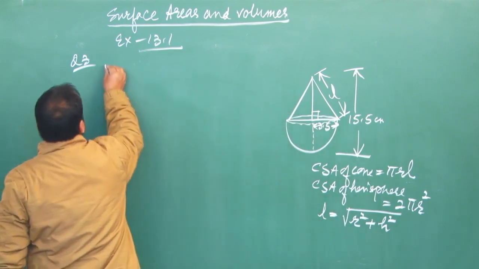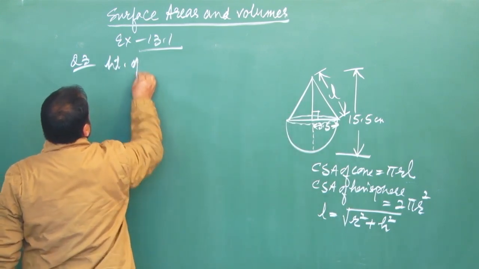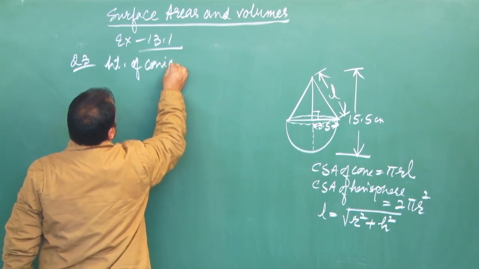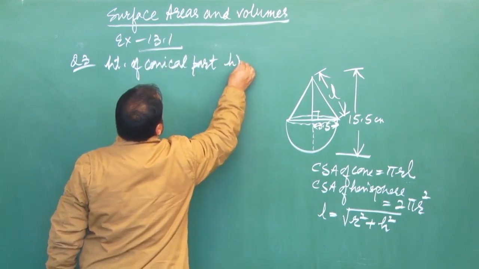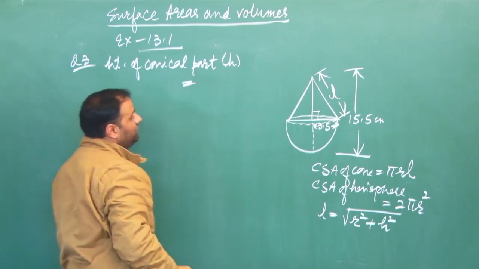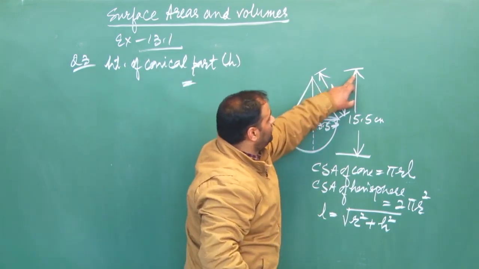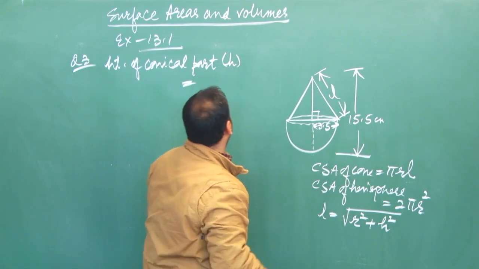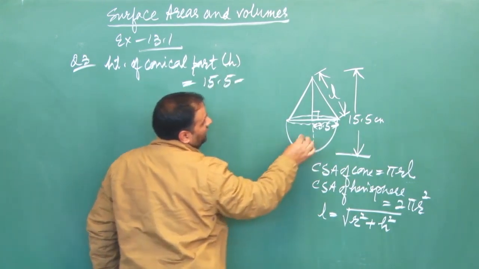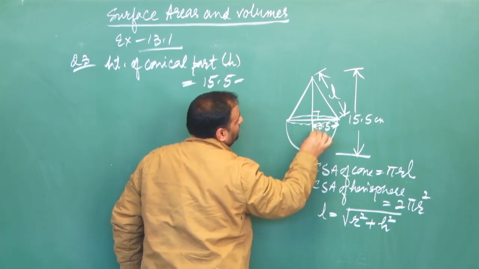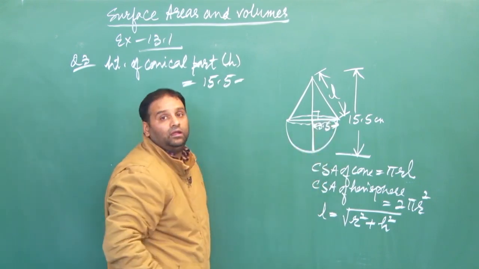The height of the conical part can be denoted by small h, and it will be equal to the total height of the toy, that is 15.5 centimeters, minus the height of the hemispherical part.